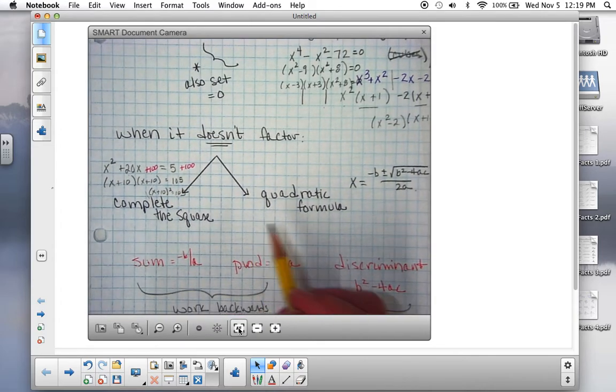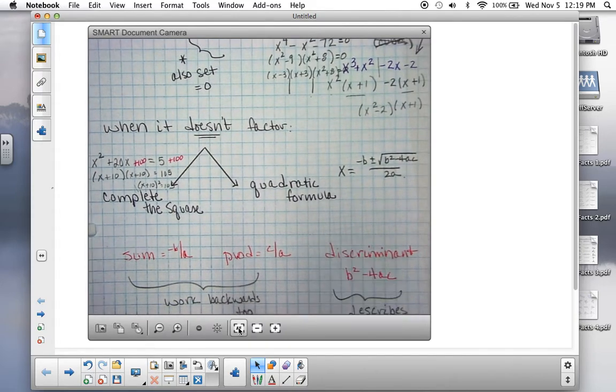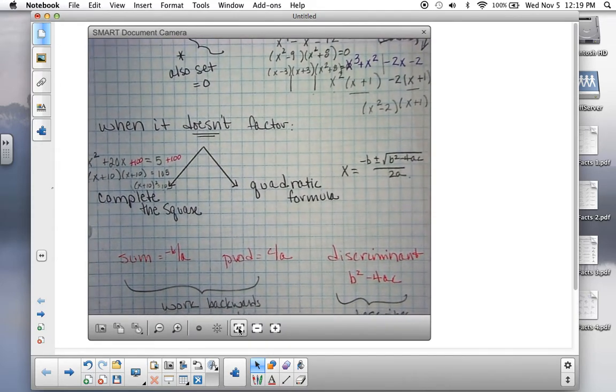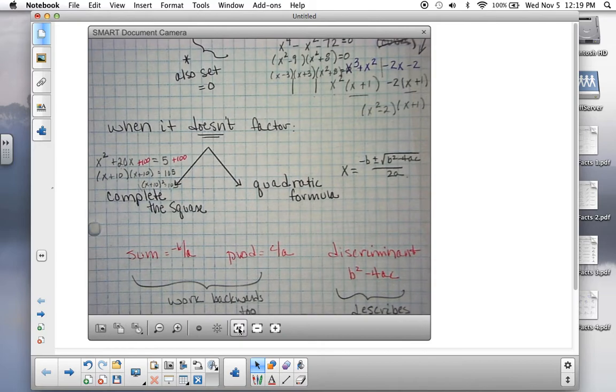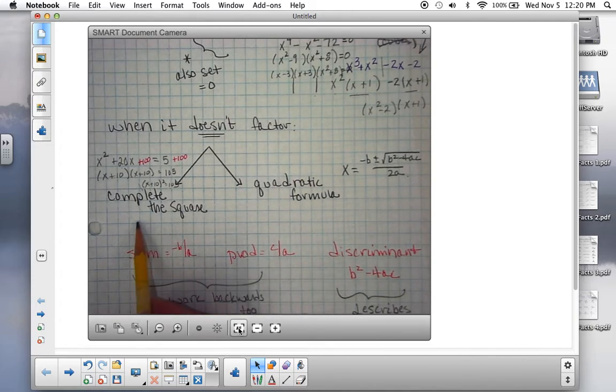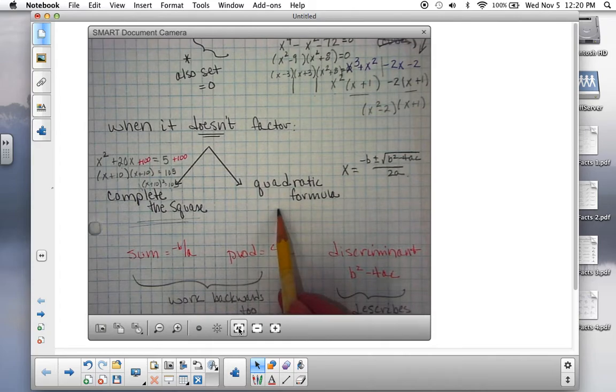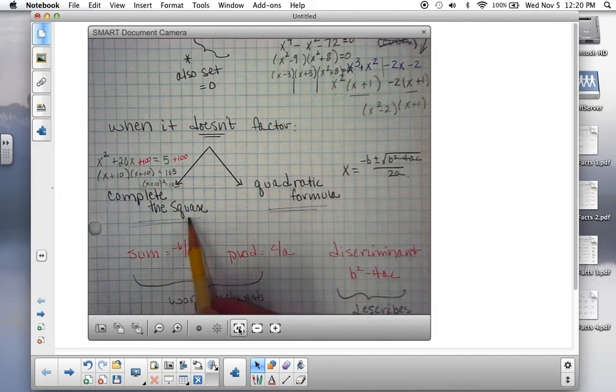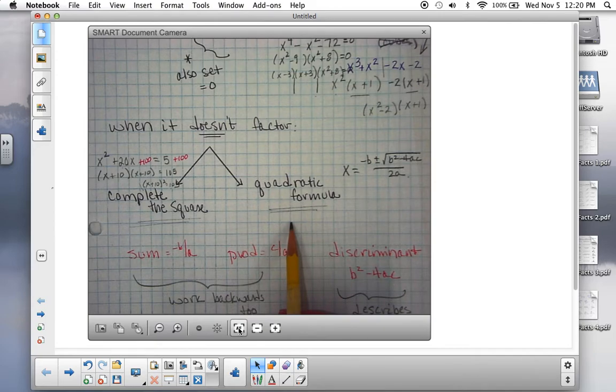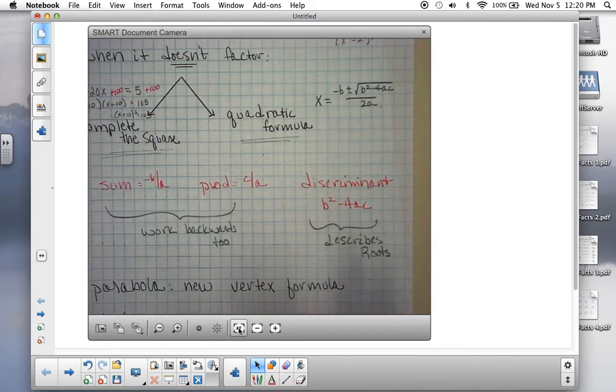This, remember, is just a very brief review. If any of these topics are something that you still don't understand or that you need practice with, you should get in, because academic support has not been super busy, so I would be happy to give you some extra examples of complete the square or quadratic formula. But these are both things that let you solve quadratics when they are not factorable. In addition to that, we had 2 different days.